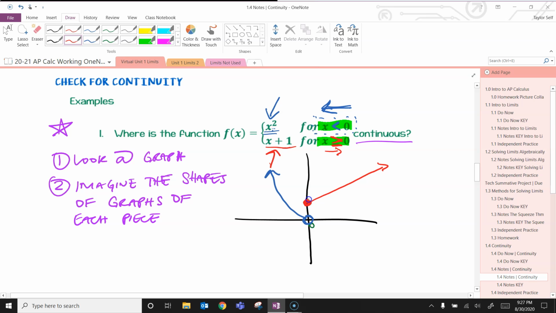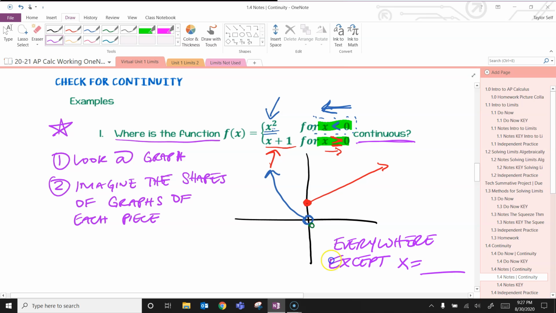Okay, cool. So now we can answer this question. Where is this function continuous? Well, I would say everywhere except, and then x equals, I want you to tell me, where is this function continuous?